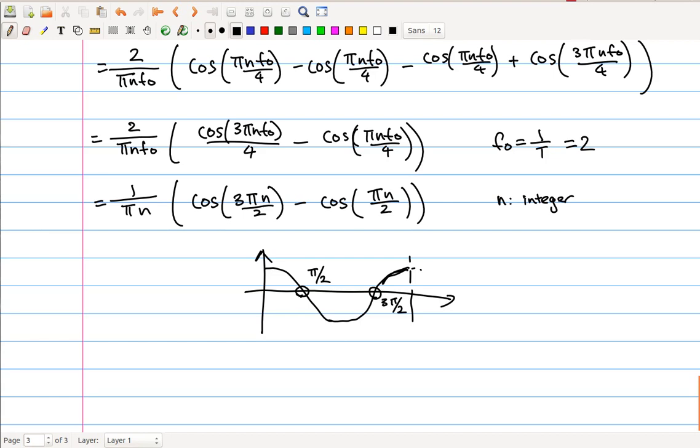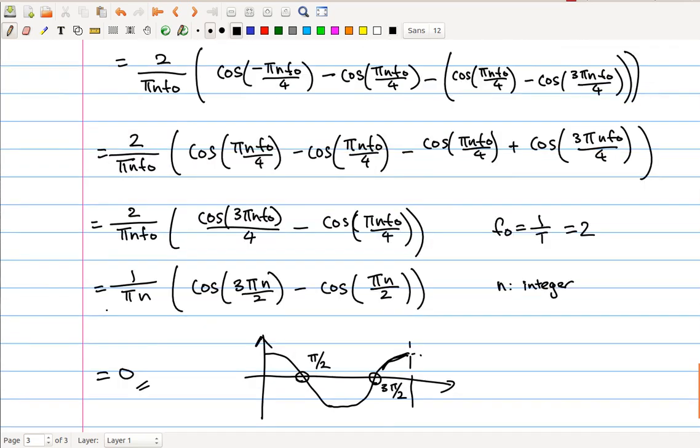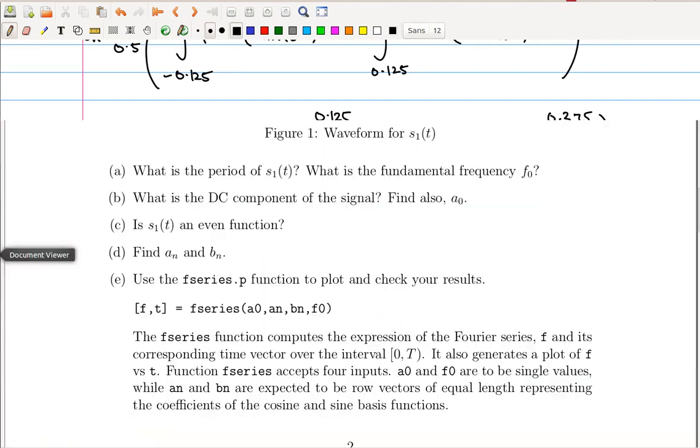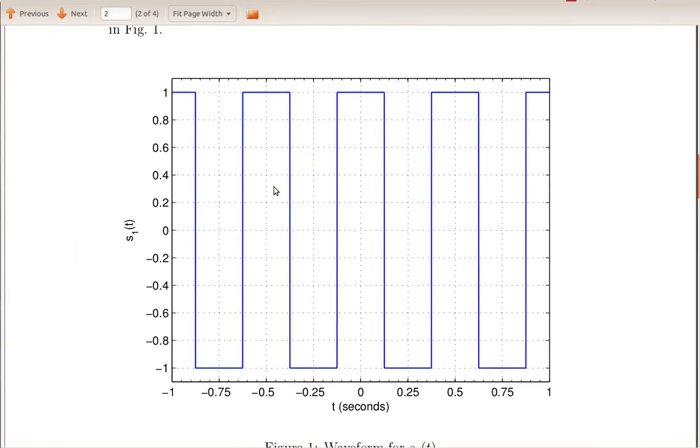So really, it doesn't matter what n you choose as long as it's an integer, you're always going to get a cosine of an angle that is equal to 0. So in essence, this whole integral works out to 0. And that is to be expected because we said our original signal was an even function.